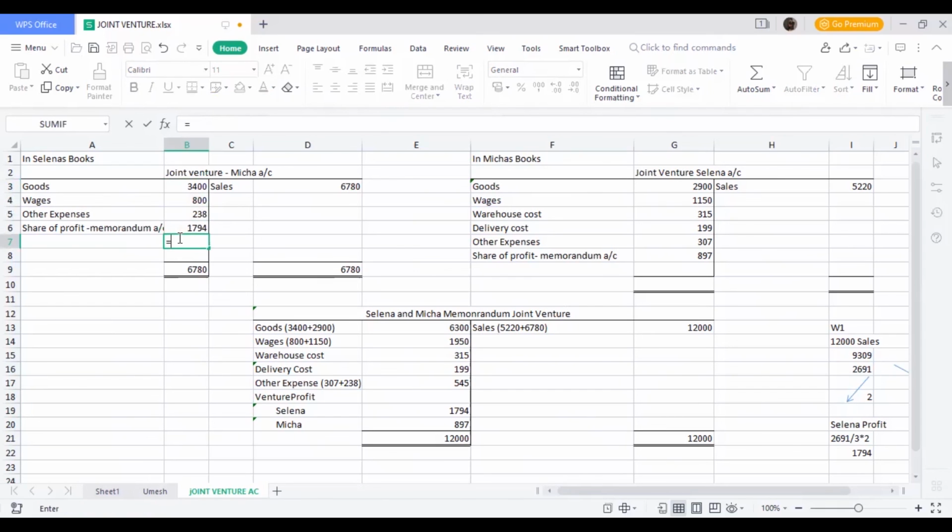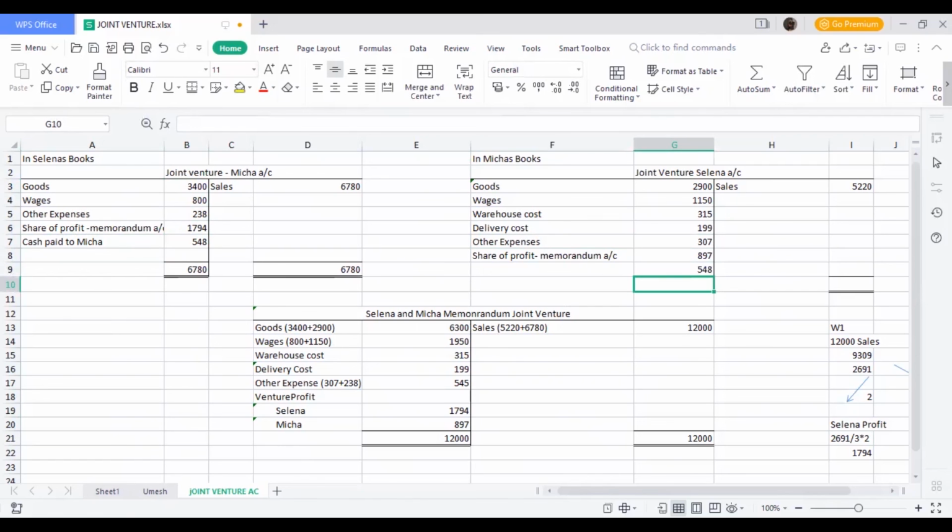So this balance is the cash transfer. 6,780 minus 6,232, 548 is going to be cash paid to Micha. Why are they paying cash to Micha? Because this is the higher transaction and she's making more profit. So from the balance she has made from the business, she's transferring it to Micha. So now it will get balanced most probably.